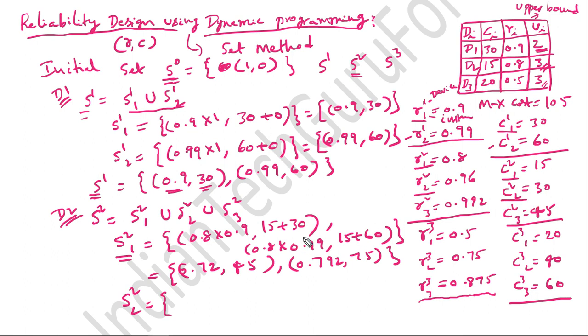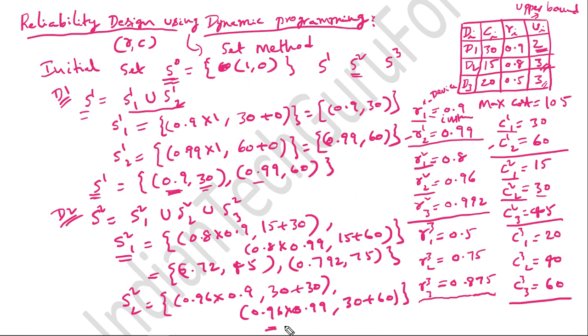R power 2 suffix 2 is 0.96. 0.96 into this value 0.9 comma, and C power 2 suffix 2 is 30, 30 plus this value 30 comma 0.96 into this value 0.99 comma this 30 plus this value 60.